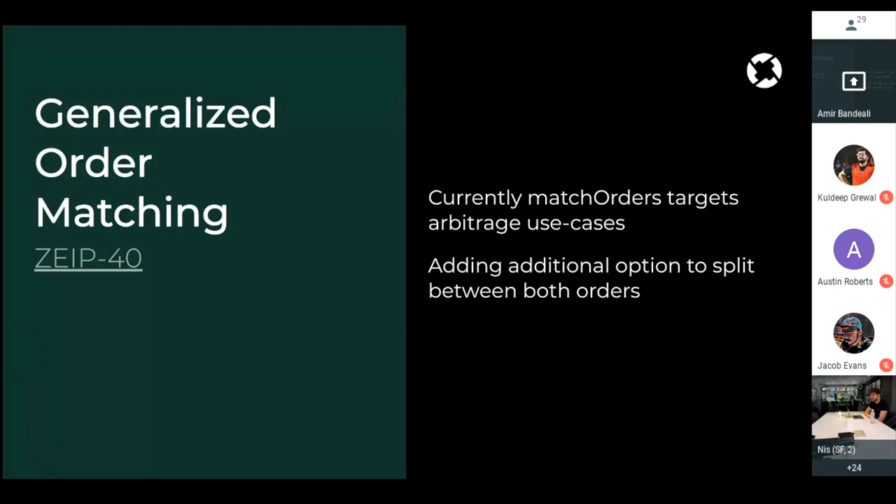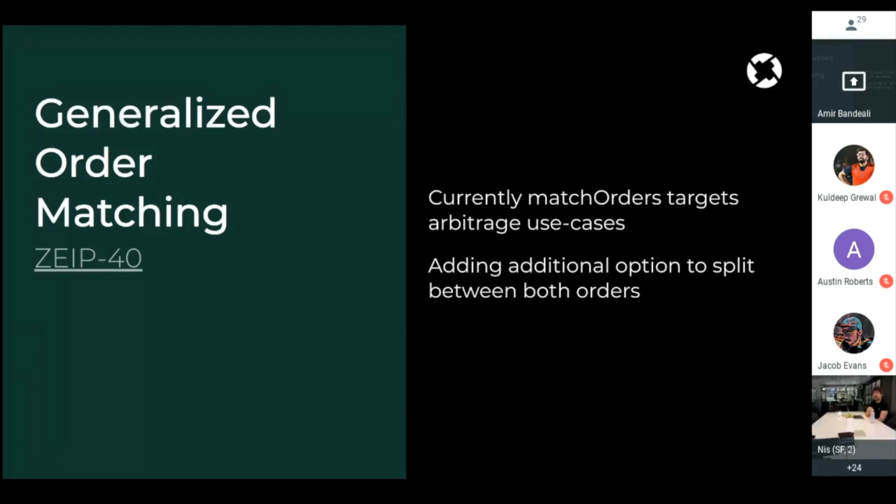The problem is that this doesn't address the matching relayer use case as well. A lot of matchers like to take fees in terms of both of the tokens involved in a trade rather than just a single token.